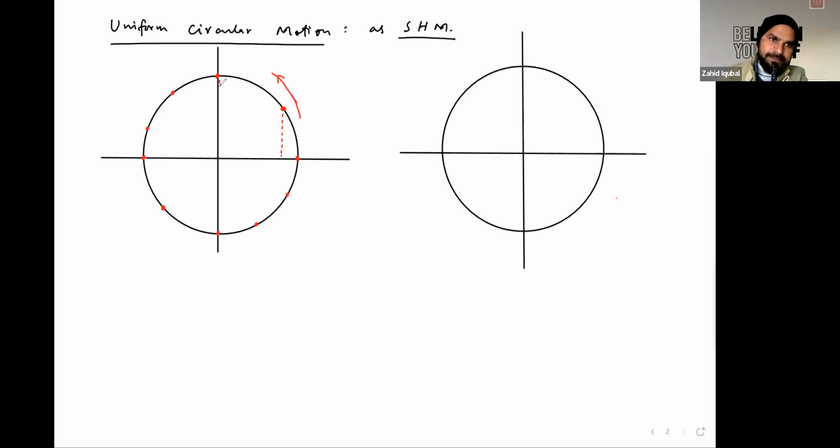For this part, it will be at this point, and this point. It means particle from this point will tend to move along this way to reach this point.